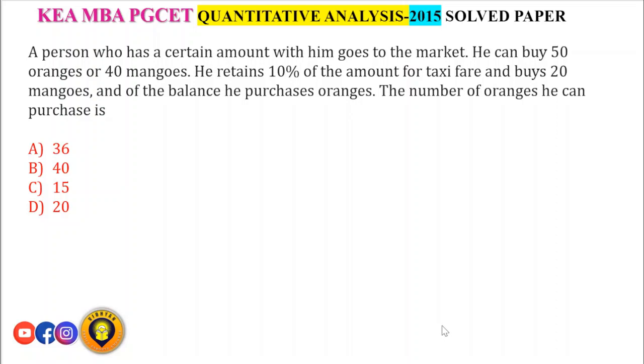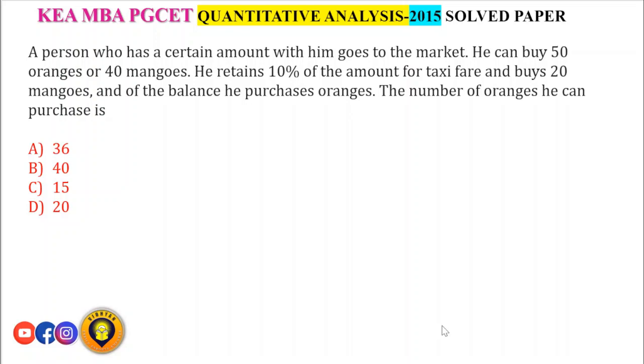A person who has a certain amount with him goes to the market. He can buy 50 oranges or 40 mangoes. He retains 10% of the amount for taxi fare and buys 20 mangoes, and of the balance he purchases oranges.